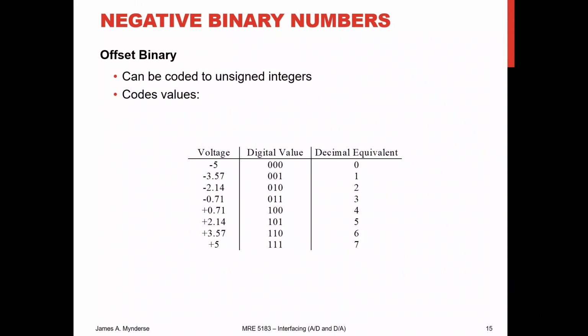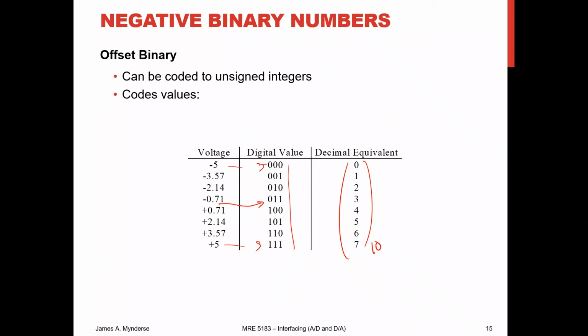Instead, if we know that there are going to be negative numbers, we might choose offset binary. Offset binary says I'm still going to use only positive digital values, 0, 0, 0 through 1, 1, 1, which have decimal equivalents of 0 to 7, base 10. But what I've done is shift my negative sign to the lowest point. My negative 5 volts is going to map to 0, 0, 0, and my positive 5 volts is going to map to 1, 1, 1. And my 0 volts doesn't get a number in there.